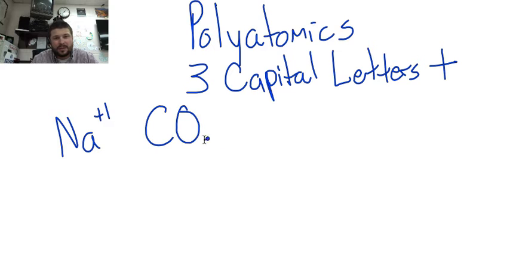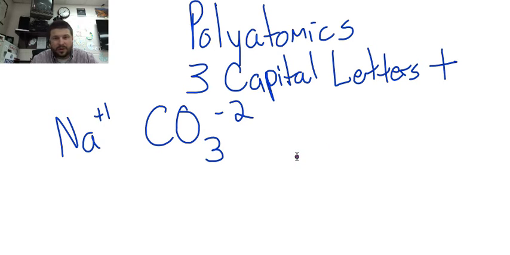All right, the second category are the polyatomics. All right, and those have three capital letters or more, or more. I'll just say plus. All right, so for instance, we could have sodium, which is a +1, and say carbonate, which is a CO3 2-.